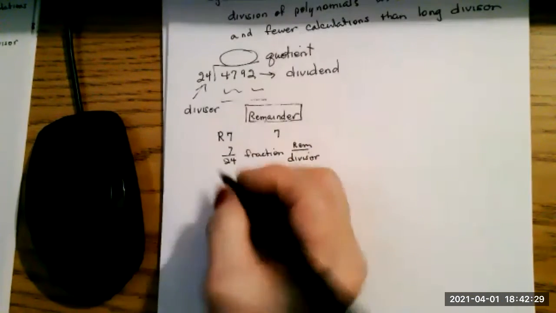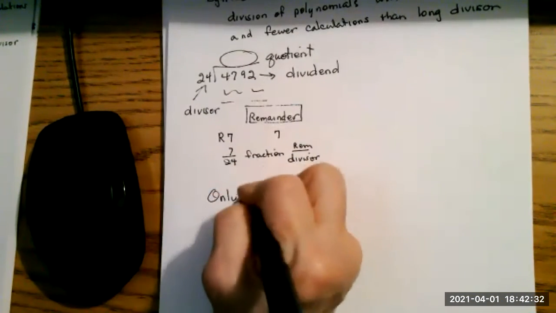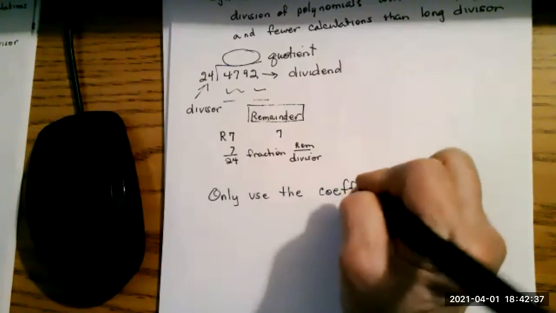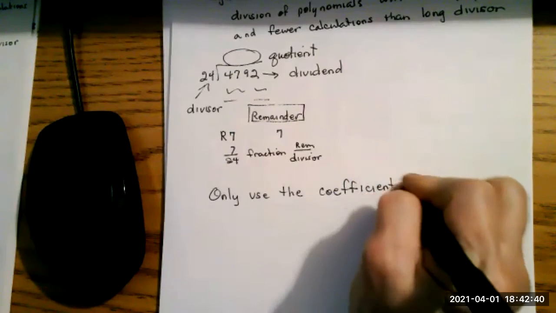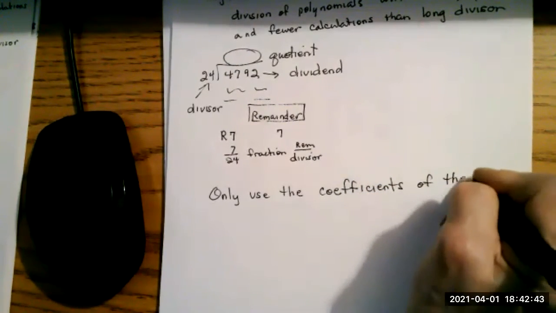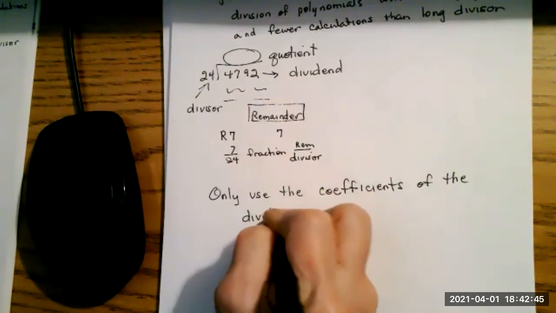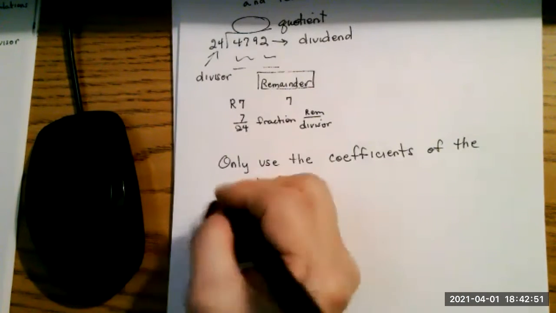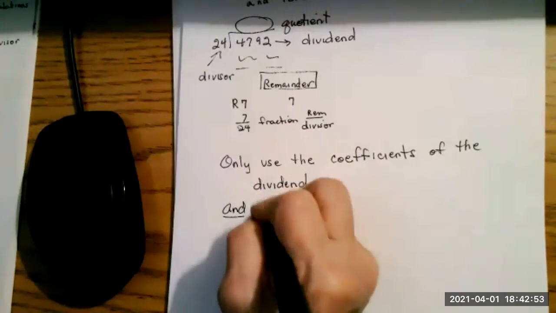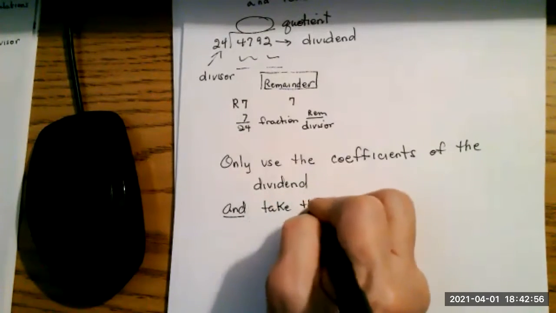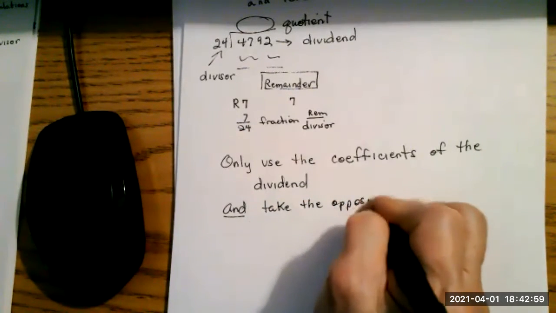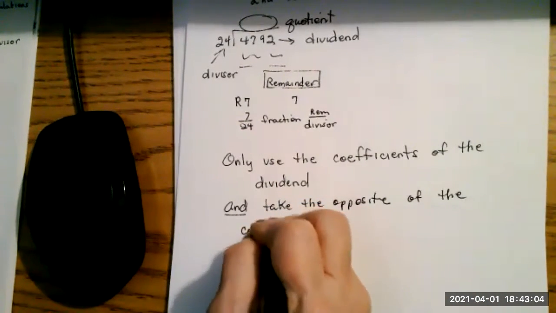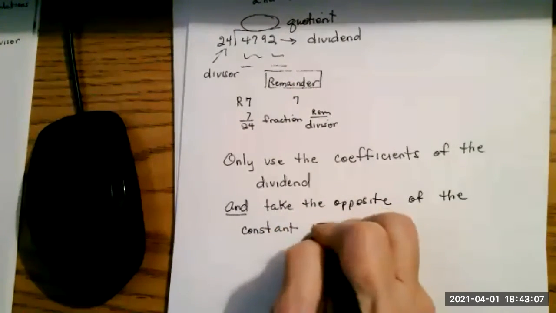The difference is that we only use the coefficients, and all of you know what a coefficient is from the other day. The coefficients of the dividend. We don't have to do all those x cubes and x squares and x to the fifths. And in this first section, you take the opposite of the constant in the divisor.